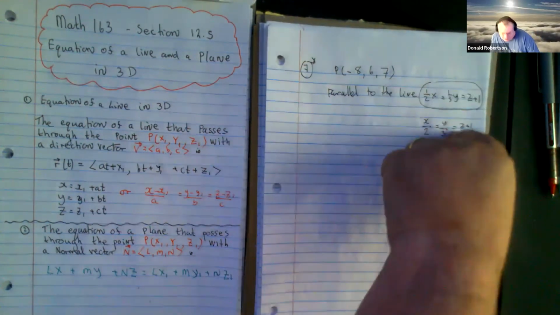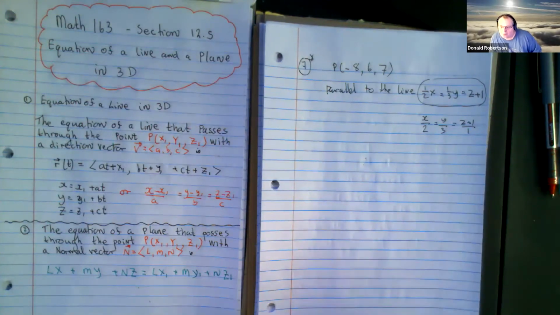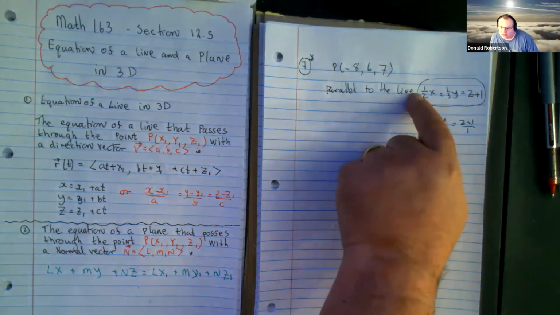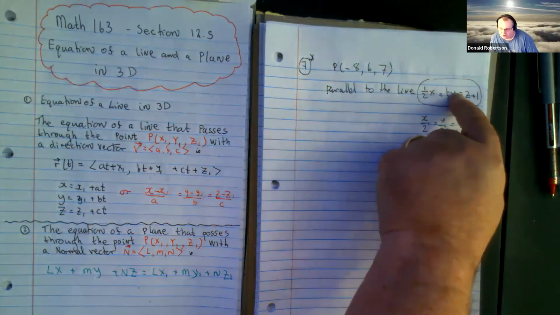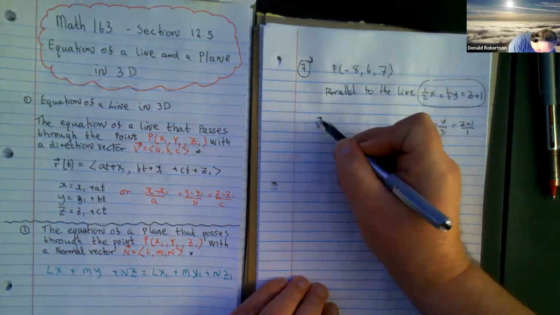Mathematically, isn't this exactly the same as the one above it? But when I've written it this way, you should be able to tell what the direction vector of this is. What is the direction vector of this guy here?